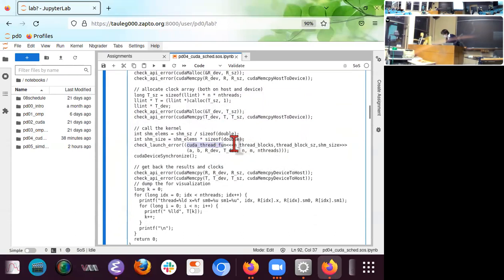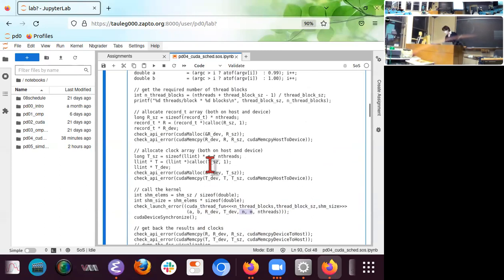This is the number of thread blocks, computed by dividing the number of threads by the thread block size. And this is exactly the thread block size specified in the command line. The next two parameters say how many times each thread should do something.